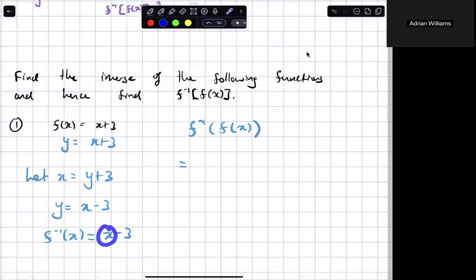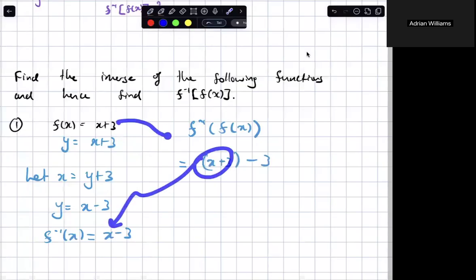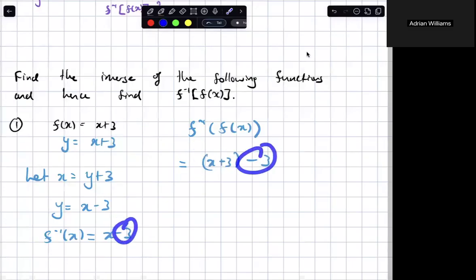So you'll notice I've got x minus 3, all right? Wherever I see that x, I'm going to replace it with x plus 3, based on the fact that I'm substituting in a function. So I end up with x plus 3, and then I'm going to subtract 3 off of it. This is where you see the x, and I've replaced it with the input function there. And then the minus 3 is coming off the back of that equation.